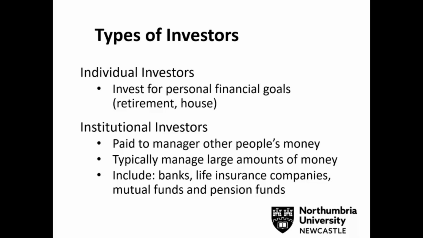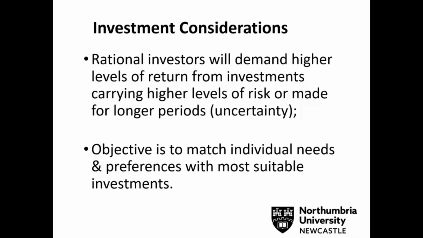Another thing that we need to consider is the concept of irrational behaviour. Irrational behaviour is when you make decisions when you don't fully understand what you're actually doing, you don't have all the information, and you're doing it based on emotion rather than objective fact, which is obviously very difficult.